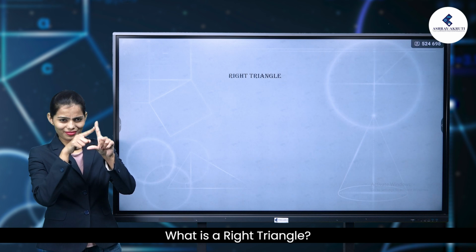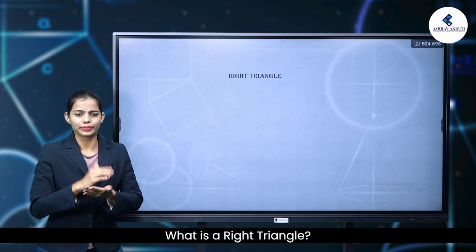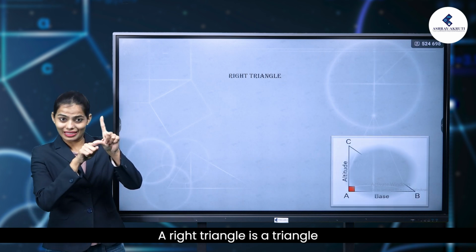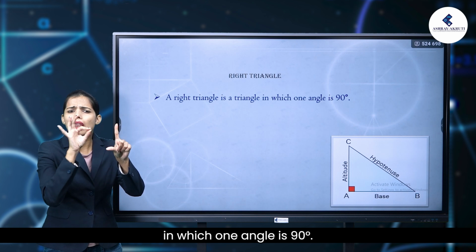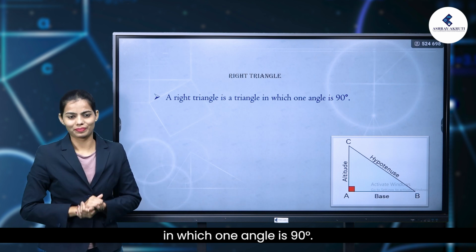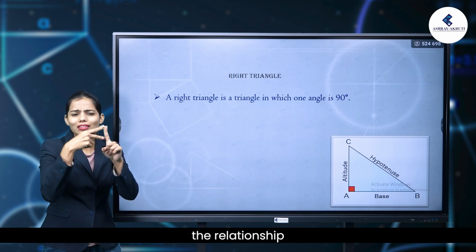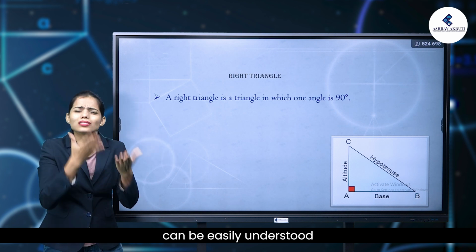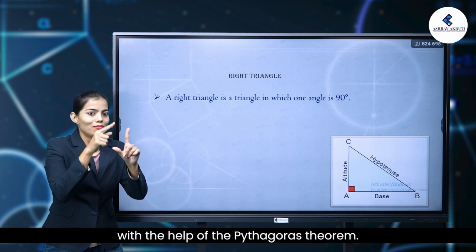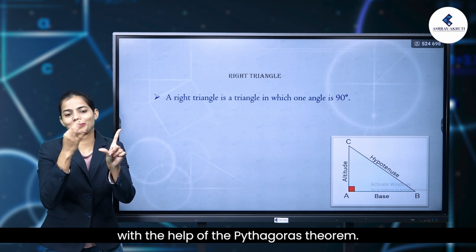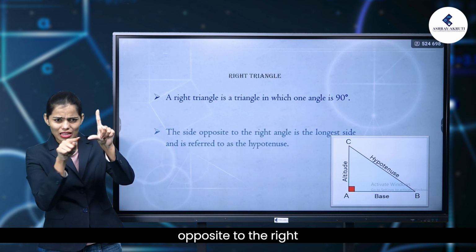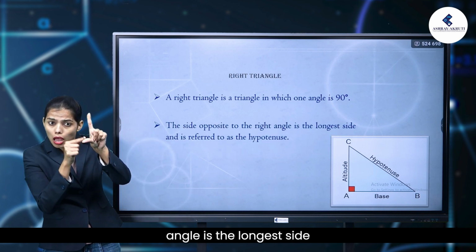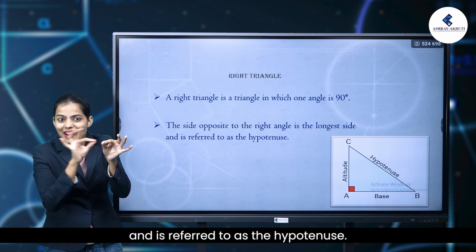What is a right triangle? A right triangle is a triangle in which one angle is 90 degree. In this triangle, the relationship between the various sides can be easily understood with the help of the Pythagoras theorem. The side opposite to the right angle is the longest side and is referred to as the hypotenuse.